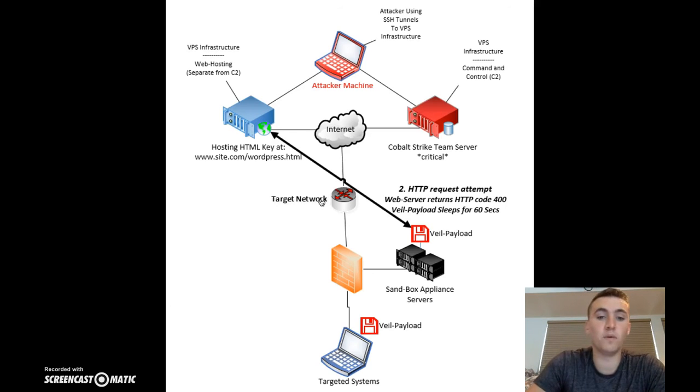In this case, it's the WordPress.html. Here, the sandbox creates the HTTP request attempt. The web server obviously is going to return a 400 code, and that Veil payload is going to sleep for 60 seconds. The important thing here is to understand that certain sandbox appliances have different methods of defeating sleep.